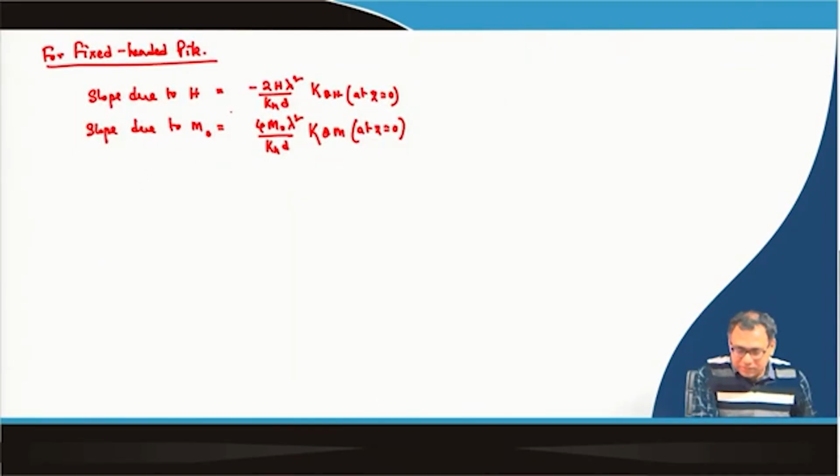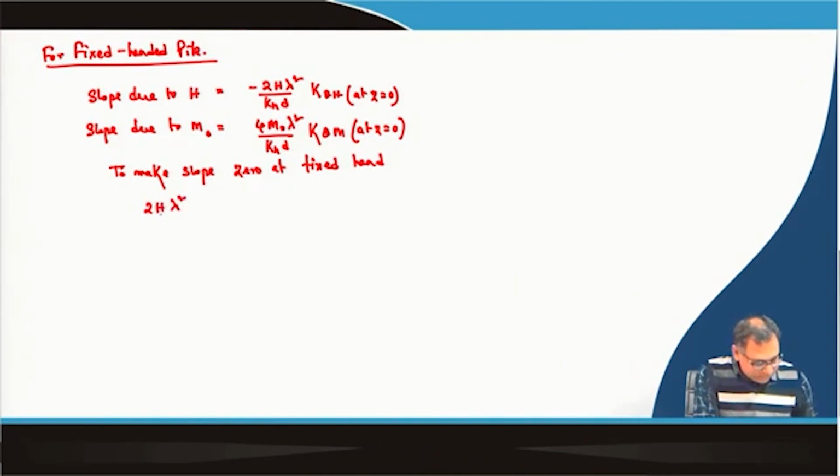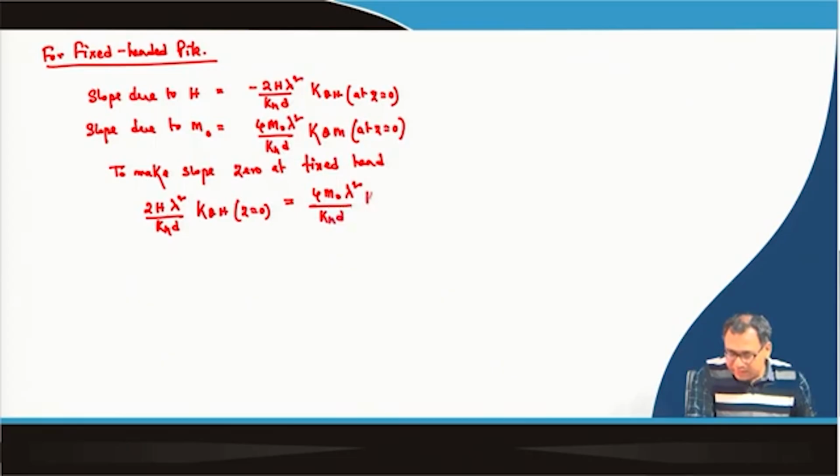To make the slope 0 at the fixed end, we have to equate these two slopes. That means 2 H lambda square divided by k h d, k theta h at z equal to 0, will be equal to 4 M0 lambda square divided by k h d, k theta m at z equal to 0.